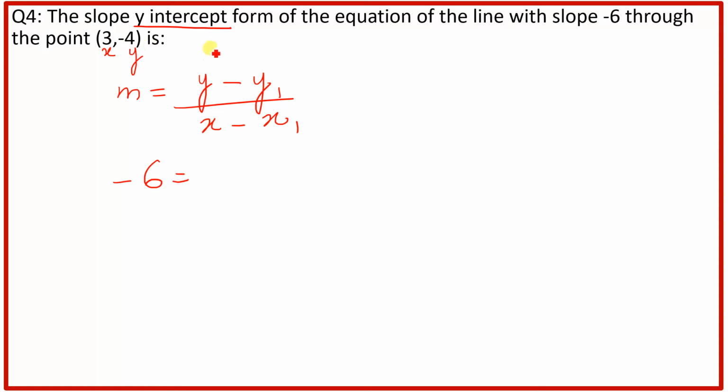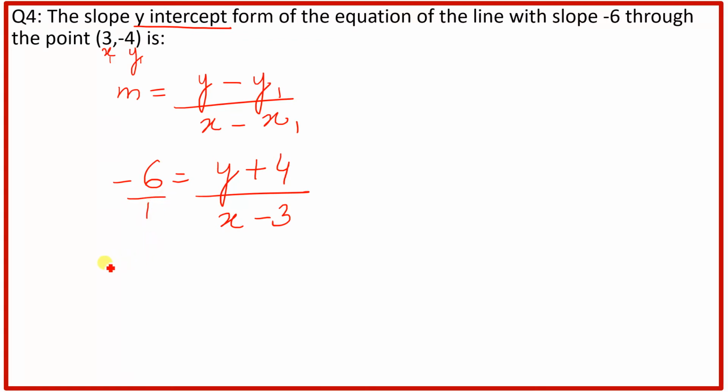We do not have two solution sets, so we will consider y1 and x1. So y, and this is minus, and this is also minus, so it will be +4, divided by x - 3, because this is x1 and y1. We do not have x2 and y2, so we will write y and x.